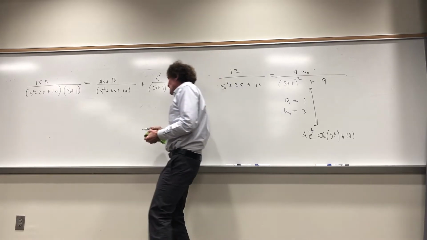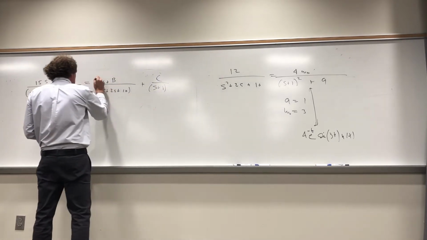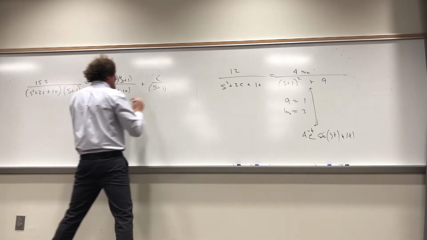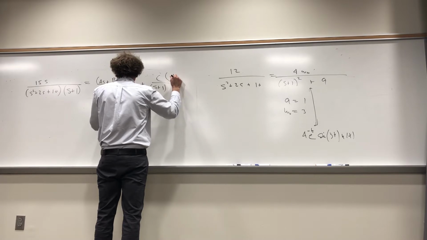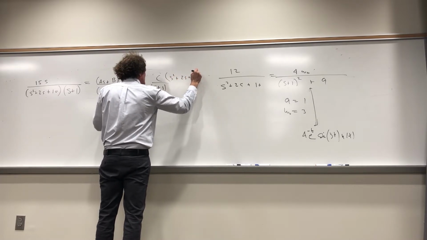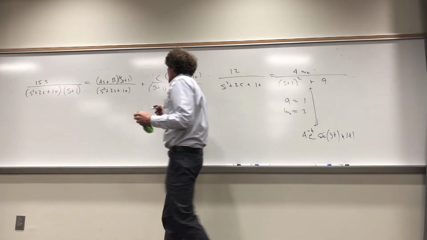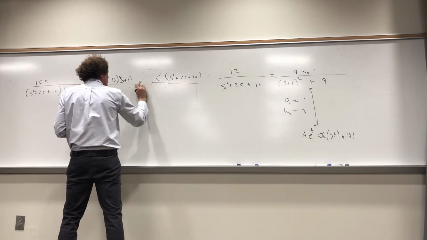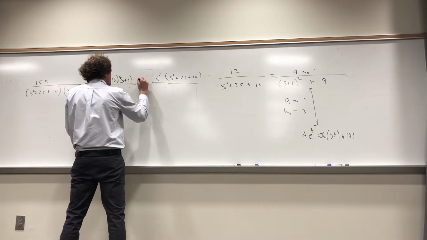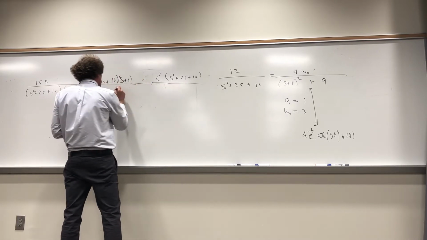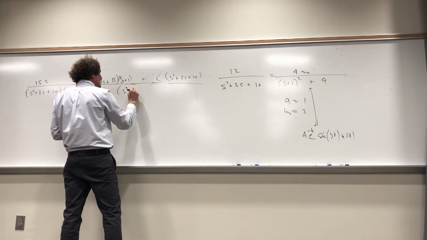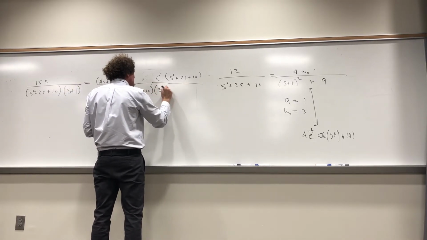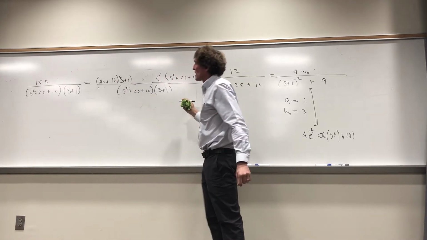So then I would multiply this by s plus 1 right here. And I'd multiply this by s squared plus 2s plus 10 here, right? And then I'd have everything under a common denominator, over s squared plus 2s plus 10 times s plus 1, and then you would solve by equating powers.